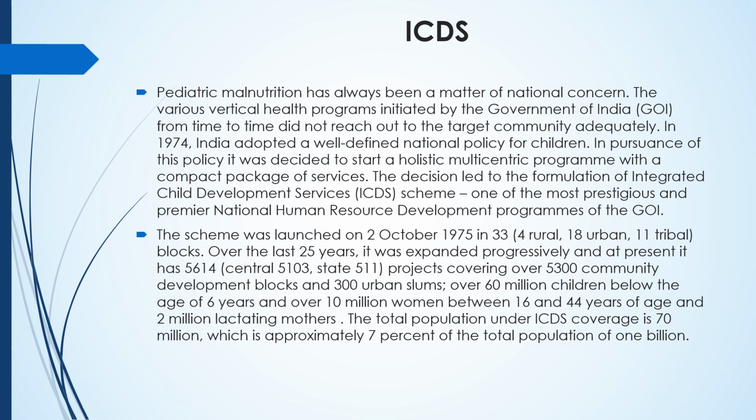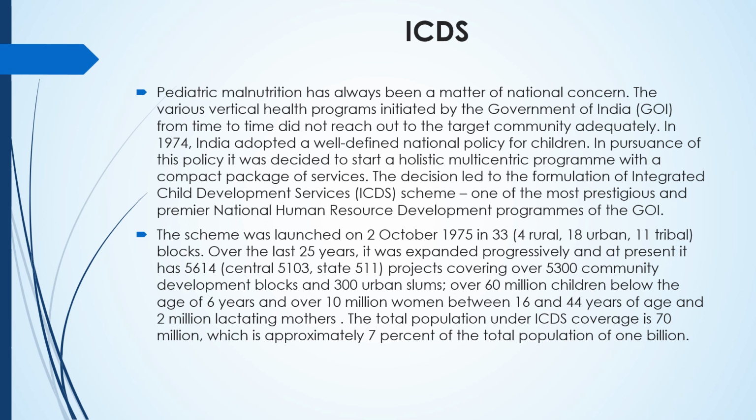The various vertical health programs initiated by Government of India from time to time did not reach out to the target community adequately. In 1974, India adopted a well-defined national policy for the children. The ICDS especially works for the children.